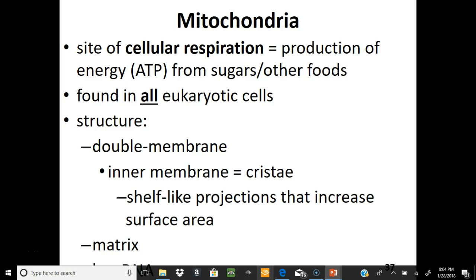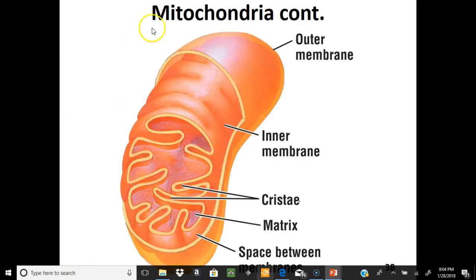They also have a double membrane. The inner membrane is known as the cristae. The matrix is found inside the inner membrane, and this is where aerobic respiration occurs. So it kind of looks like a kidney bean. Here's the outer membrane, here's the inner membrane. The inner membrane forms all these different invaginations in the matrix.